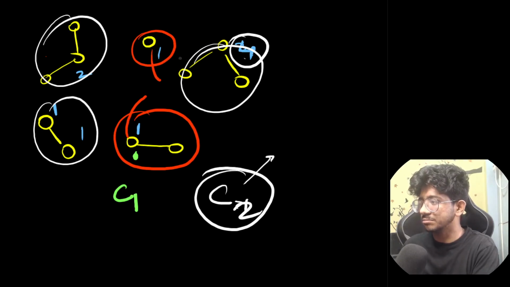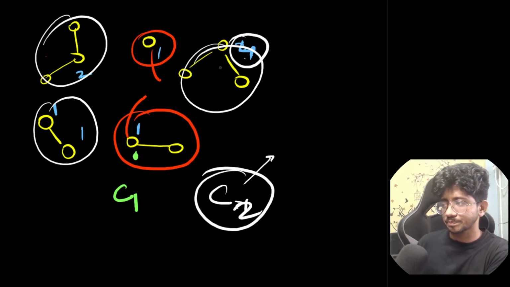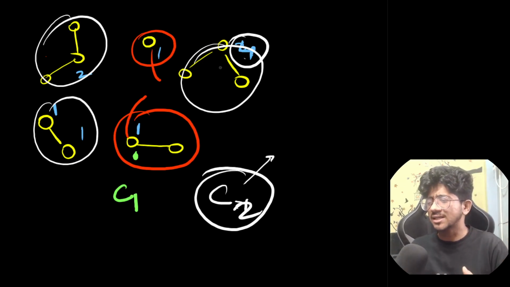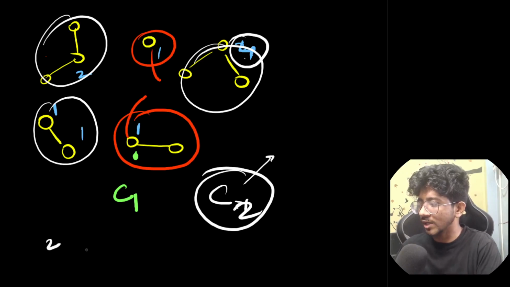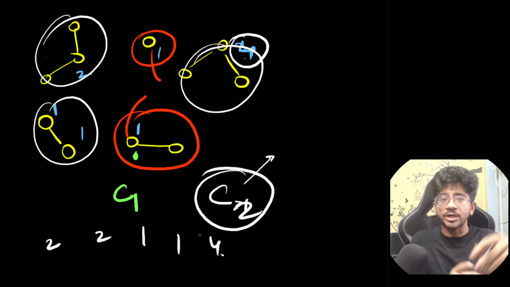It can be any particular component with more than one exposed node. Now, why exactly are we doing this? Why exactly did we come to this particular observation? Because there is this distinction between the ones and the other things. So there is this component which has 2 exposed parts, there is this 2, this 1, 1, 4, right? And you have to connect them.